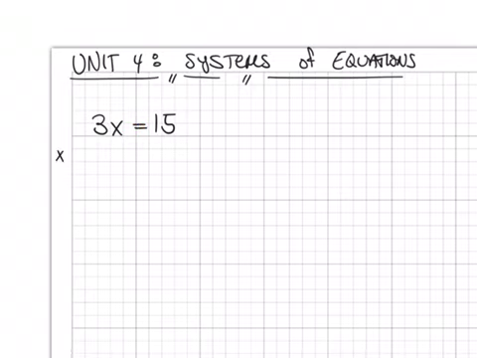Well, if I let x, the variable, have a value of 5, then what happens is I plug in 5 for the number x, and I get 3 times 5 on the left, and 3 times 5 is 15, and 15 is indeed 15. And so this equation is satisfied by the solution x equals 5, which means that the left and the right side of the equation come out equal. This is a single variable equation, okay?